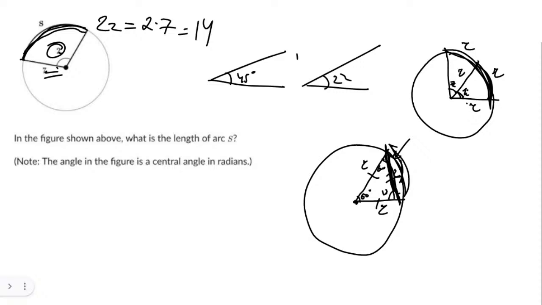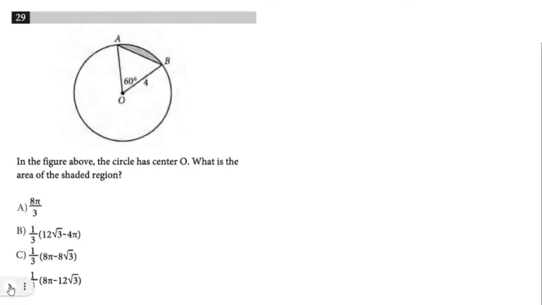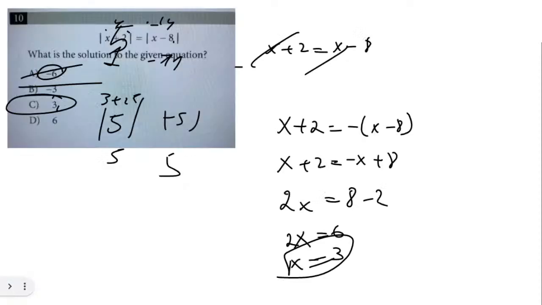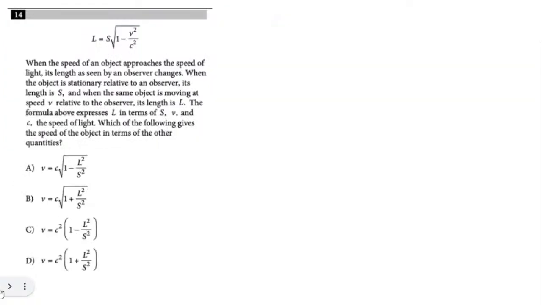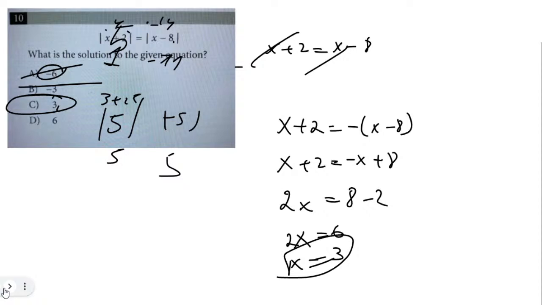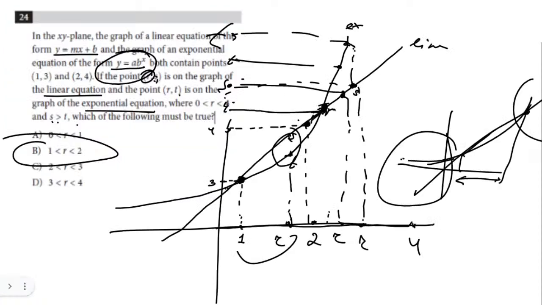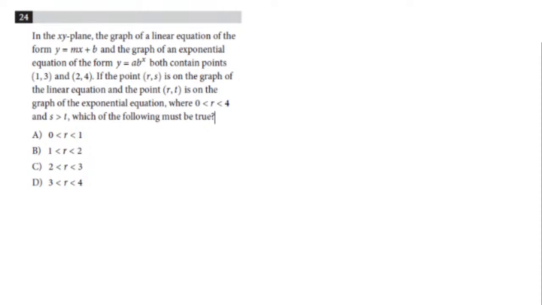Okay, we have question 23 and 24. Let me go back. Oh, 24. Indeed, it's a little bit tricky question. Let me clear this up. Okay, look. What does it tell us?